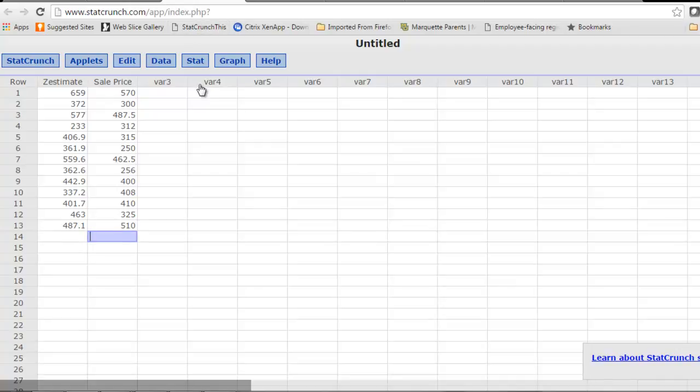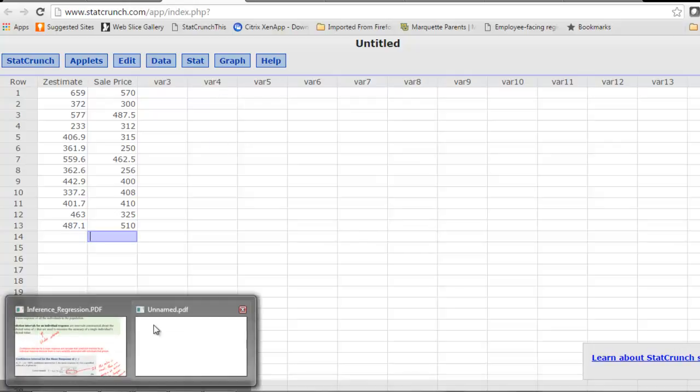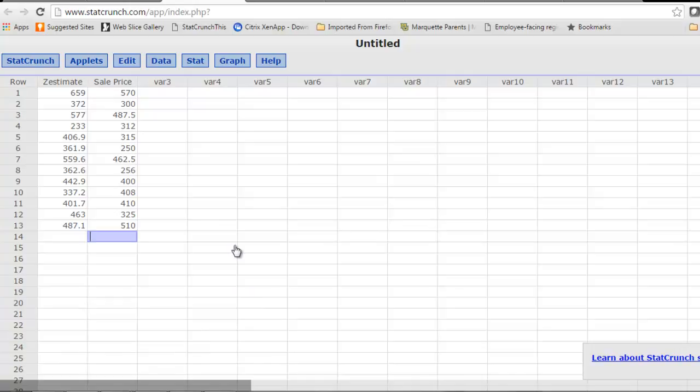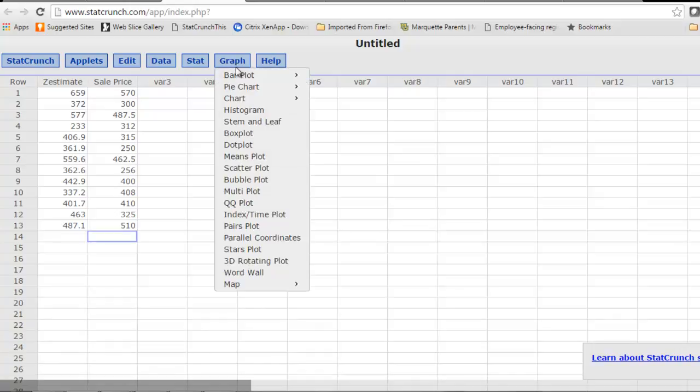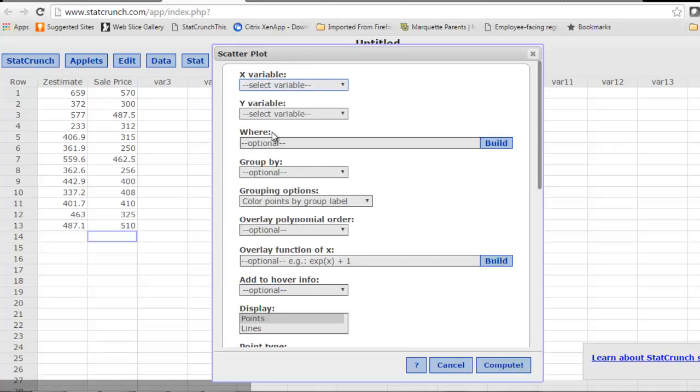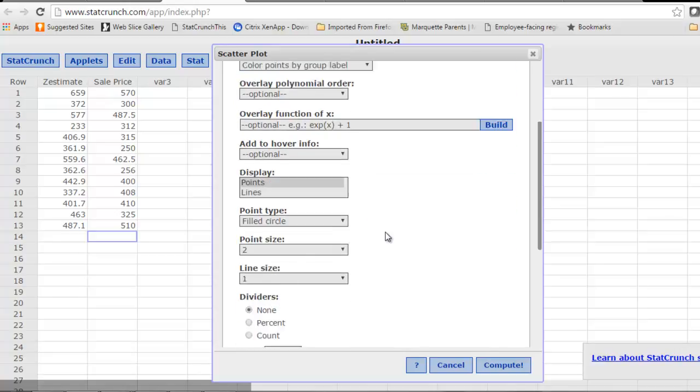What we're going to do now is go through the entire data analysis process. First thing I'm going to do is draw a scatter diagram of the data, get a sense of what the data looks like. So we go graph, scatter plot. My X variable is the Zestimate. My Y variable is the sale price.